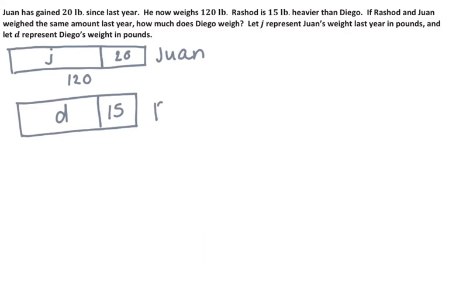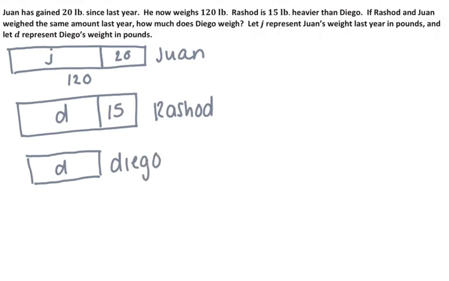Okay, so this is Rashid. And then lastly, we're going to draw a tape diagram for Diego. So I'm going to draw a rectangle, and inside the rectangle, I am just going to put D, and this represents Diego.